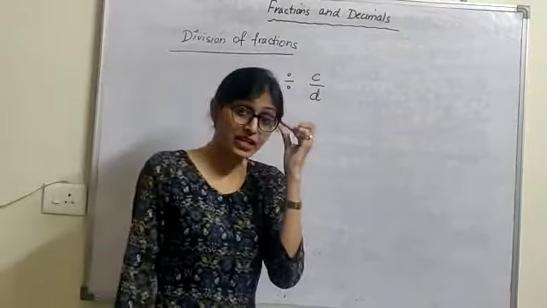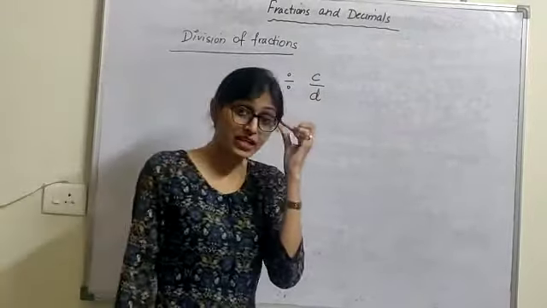Let's take an example. Suppose 2 by 3 divided by 8 by 9. Okay. Now, as I told you, 2 by 3, divide changes into multiply. 8 by 9, we do the reciprocal, 9 by 8.